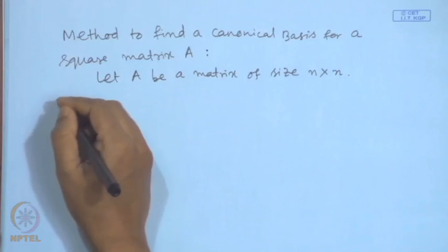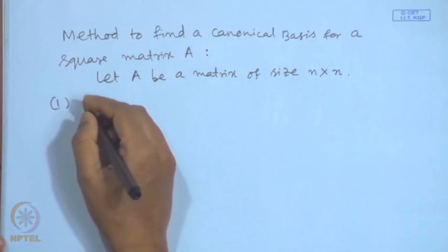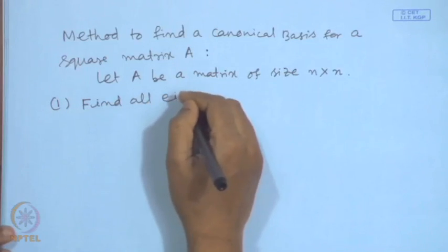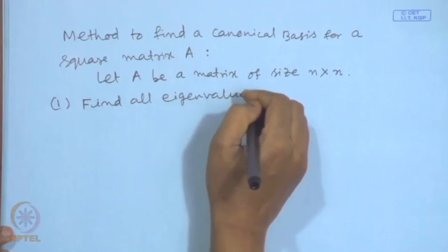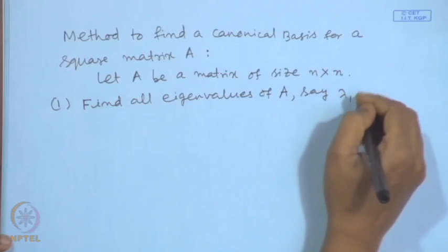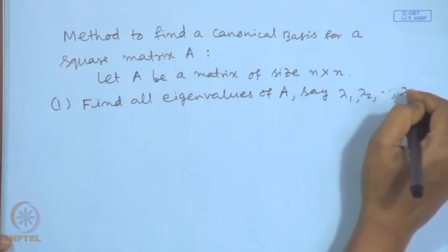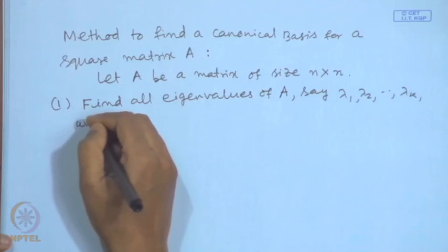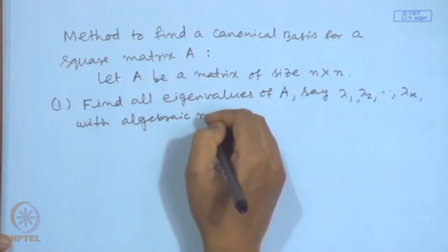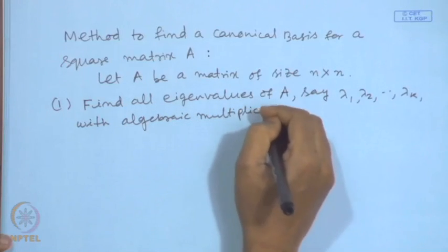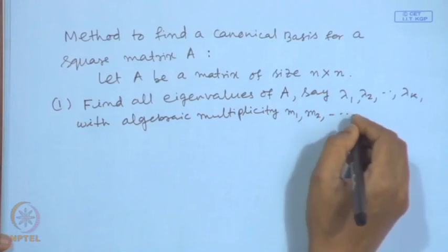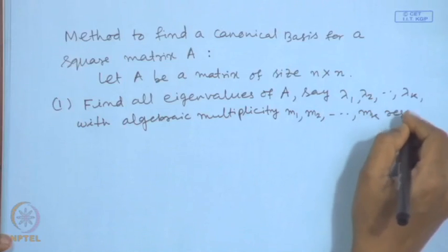The first step is to find all eigenvalues of A, say lambda 1, lambda 2 up to lambda k, with algebraic multiplicities m1, m2 up to mk respectively.